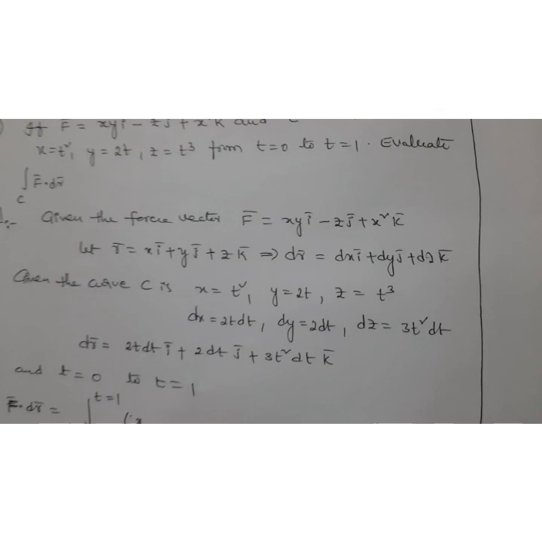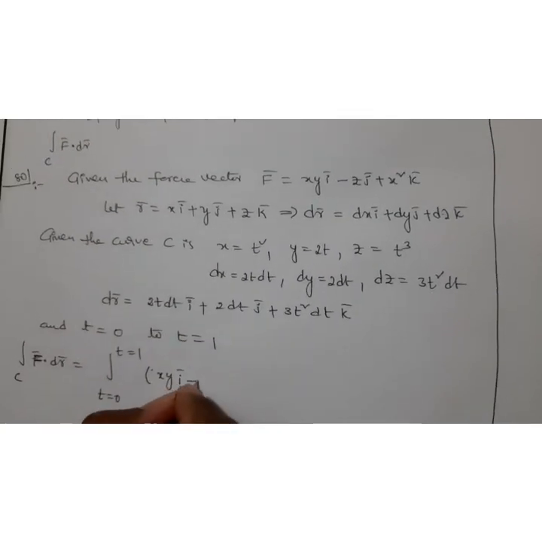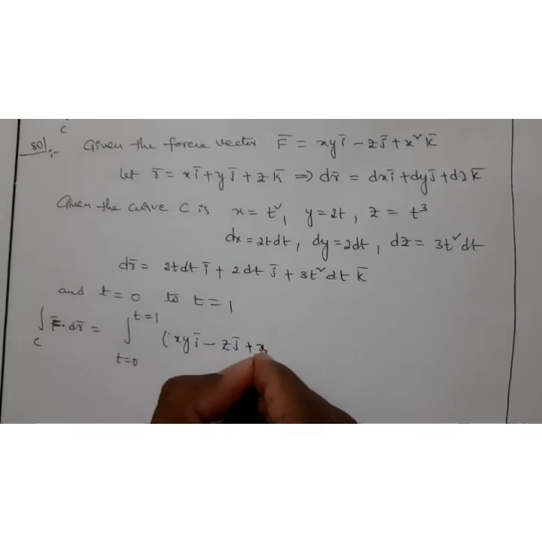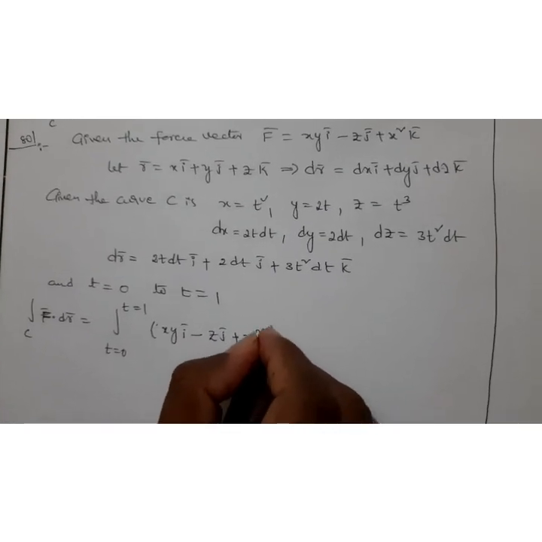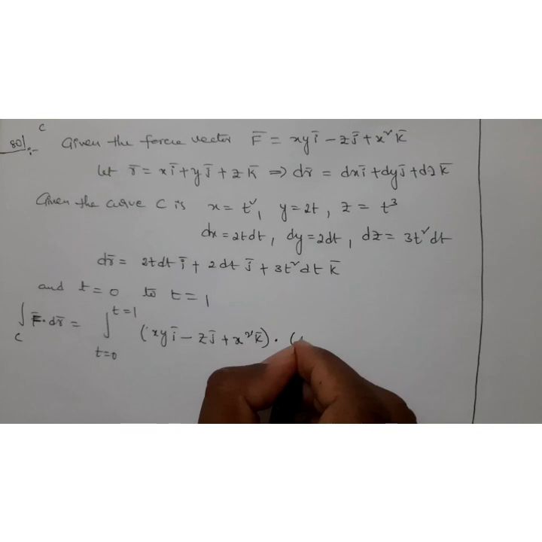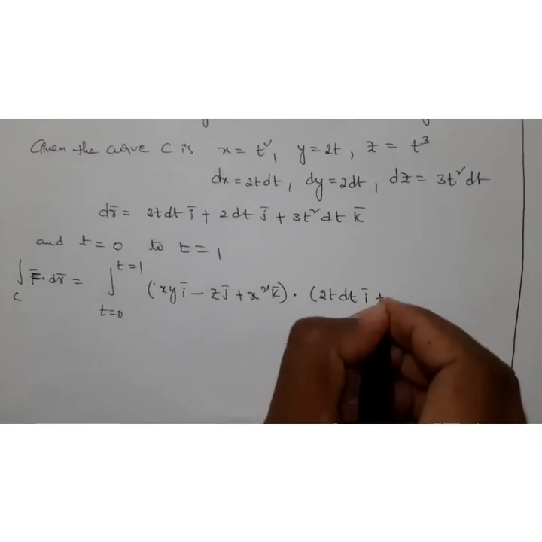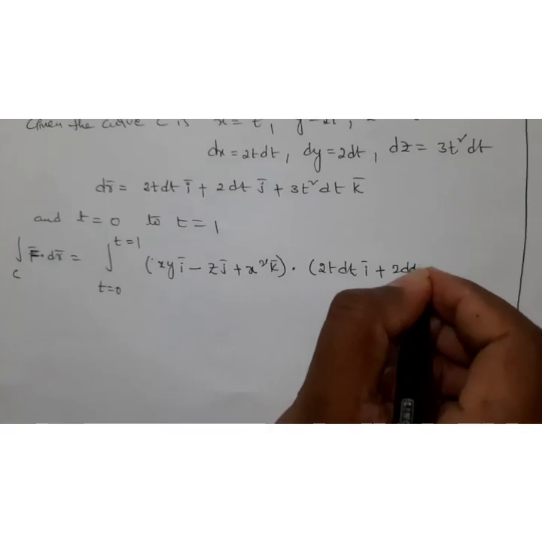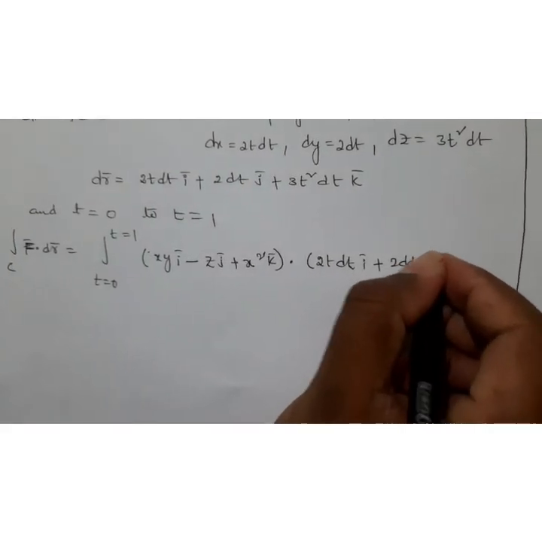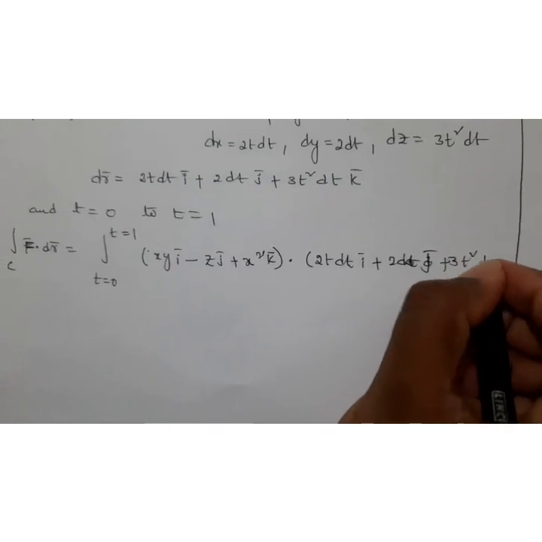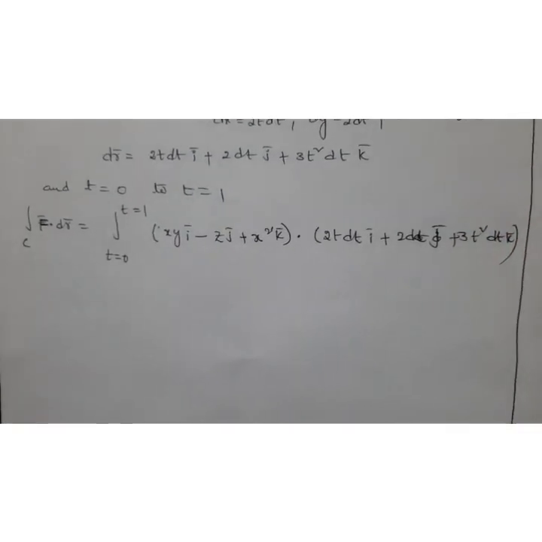xy i bar minus z j bar plus x square k bar dot dr bar, which is 2t dt i bar plus 2 dt j bar plus 3t square dt k bar.